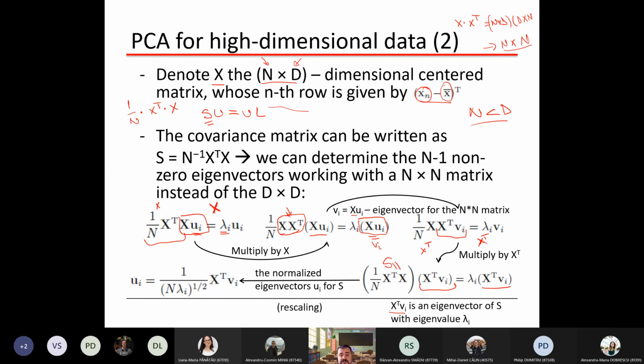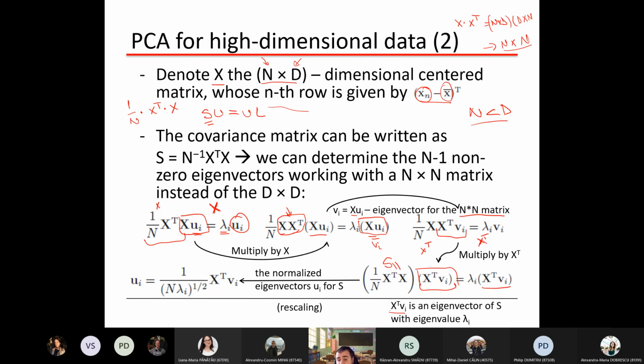So this is actually the eigenvector that we were interested in, Ui here, because if Ui corresponds to lambda i and this term corresponds to lambda i as well for the same matrix, it means that Ui equals X transposed Vi. So basically what we're doing, we're getting the n by n matrix, we decompose it with either the power method or whatever we would like, or the direct method, full eigenvector decomposition.